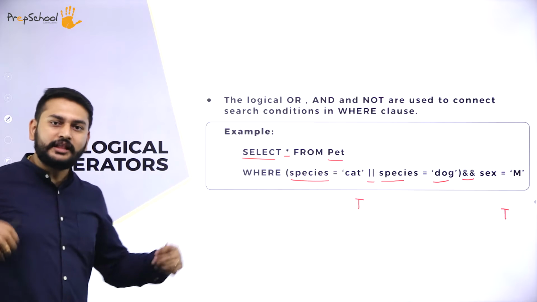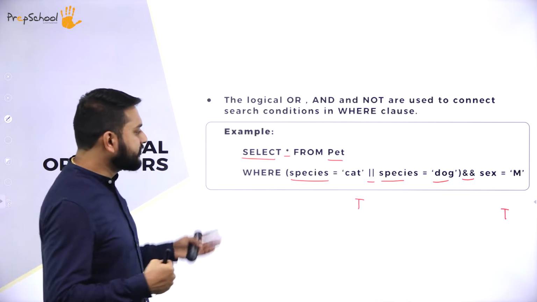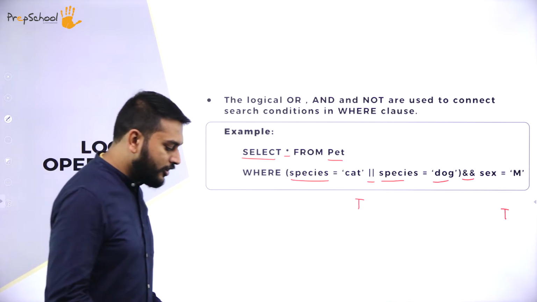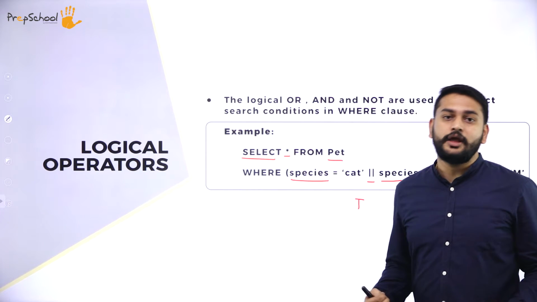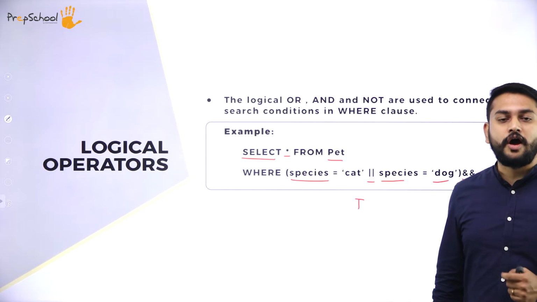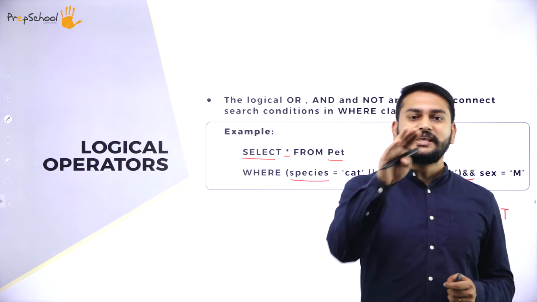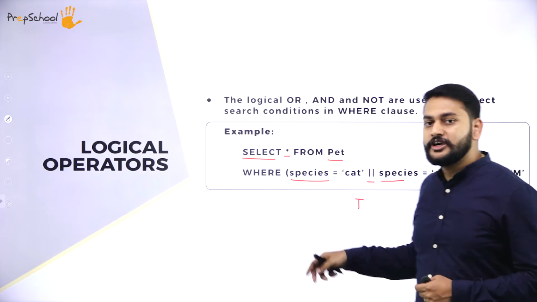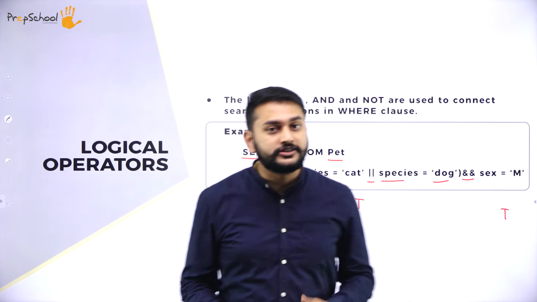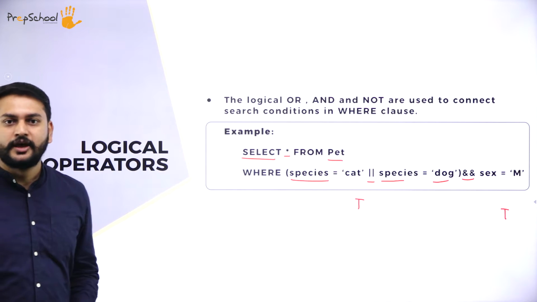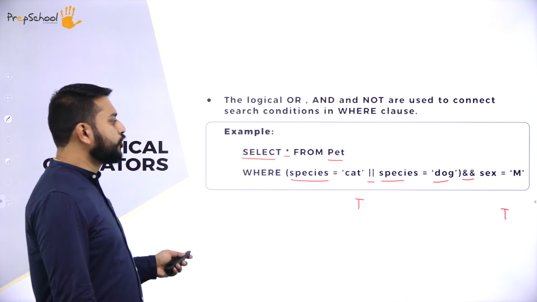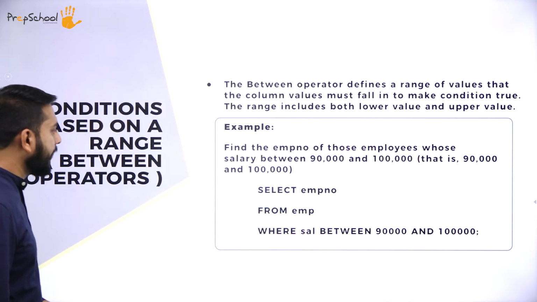So this is how we make the query complex. I just took this example to explain the concept, how exactly we use the logical operators. So please try out some different queries with the logical operators. You will have a beautiful knowledge with respect to this. So hope you understood this. Moving on to the next one.